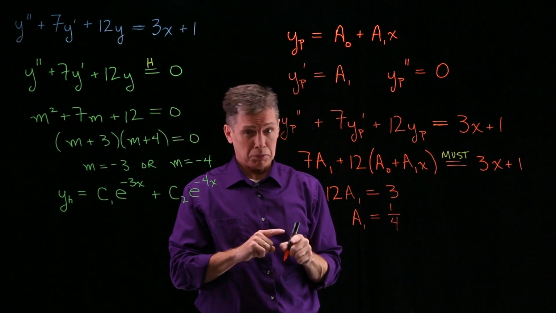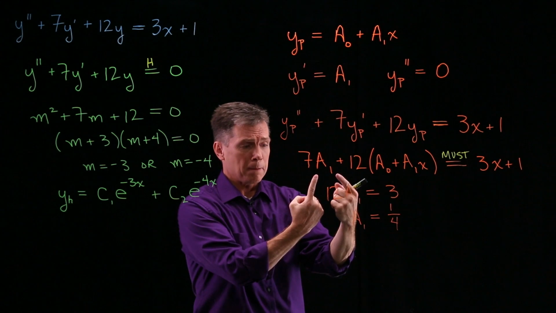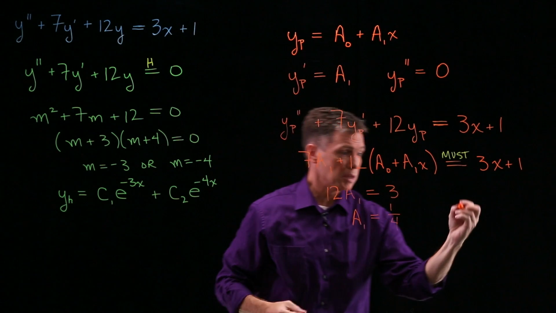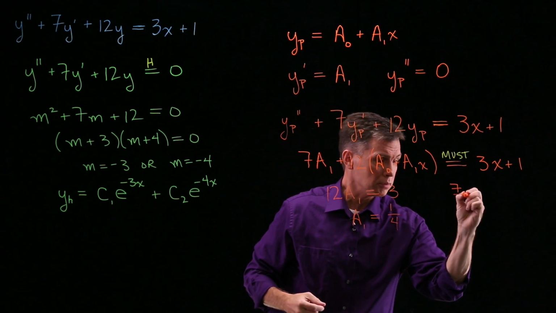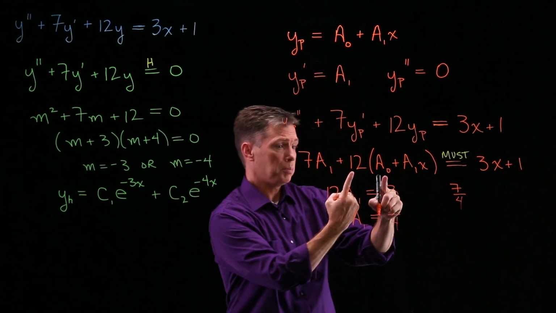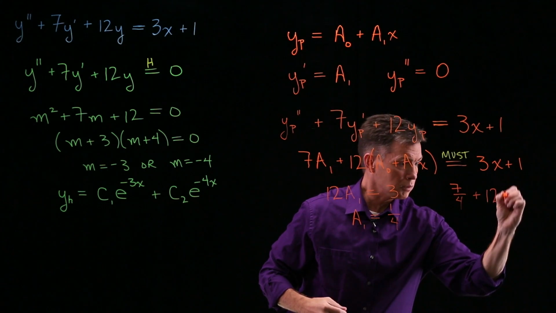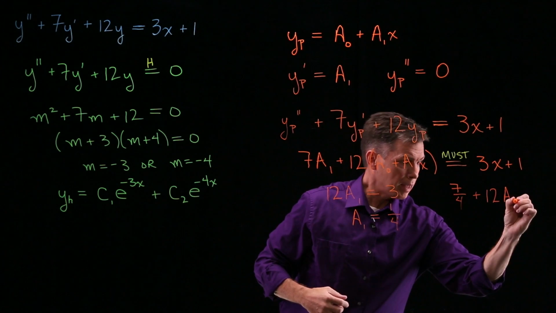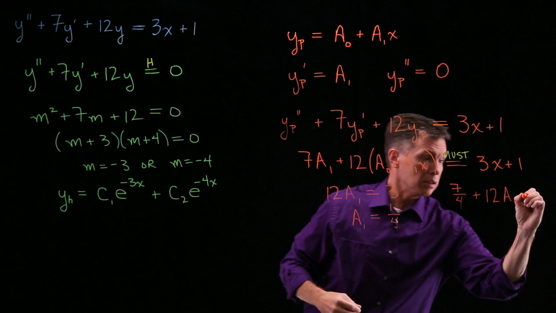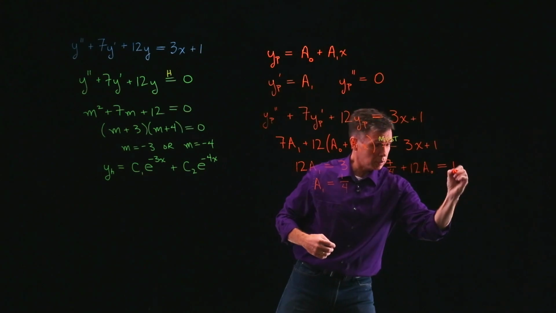Okay, now let's find a sub 0 by balancing the constants. On the left-hand side, I'm going to go ahead and put in my 1/4 as I go. So 7 times that 1/4 is 7/4. Okay, and then plus 12a sub 0. And that would be it for the constant terms on my left-hand side, and that must balance with the constant term on the right-hand side, which is just 1.